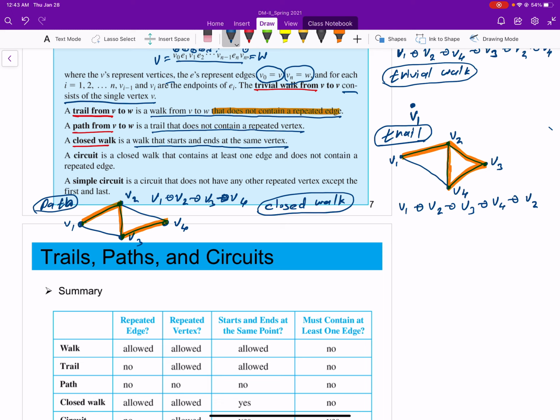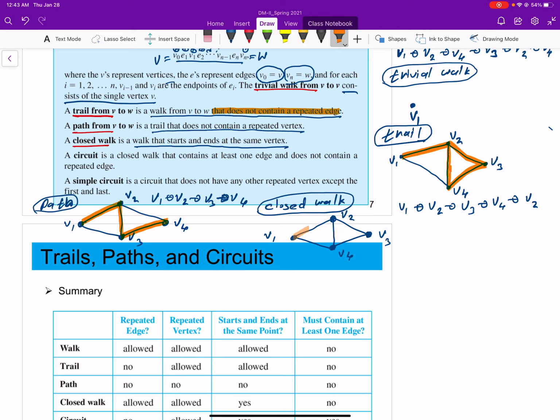All right, let me draw the same graph. V1, V2, V3, V4. All right, this is a closed walk.